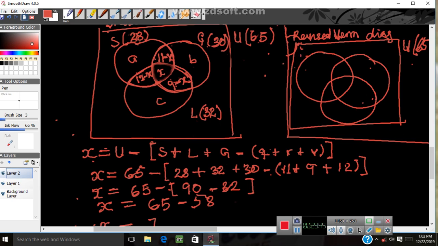So this is my S, and S is 28. Here is my G, and G is 30, and this is my L, and my L is 32.